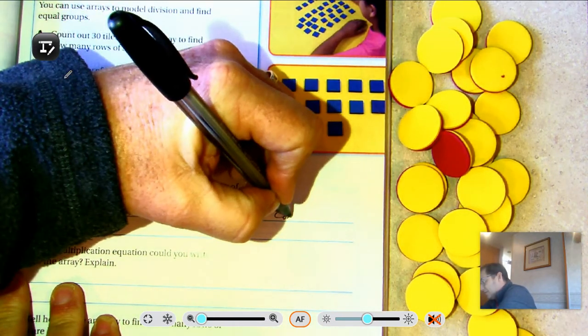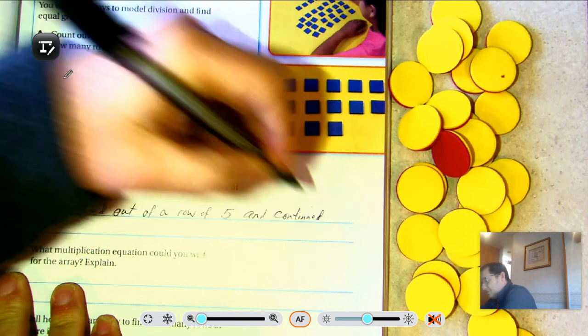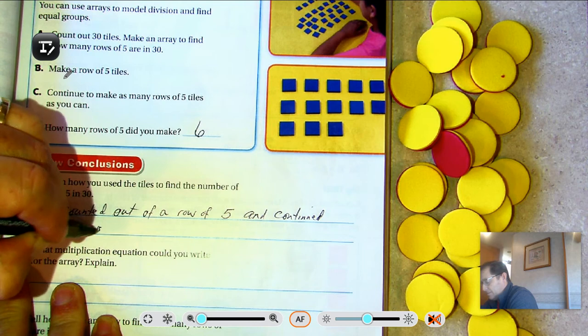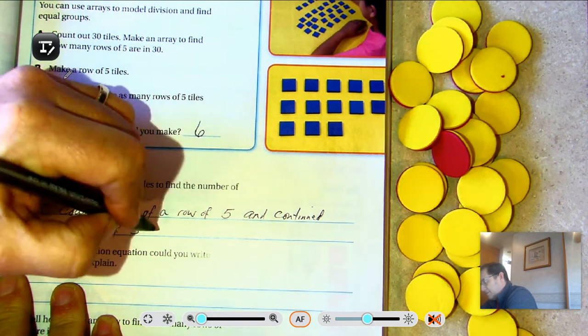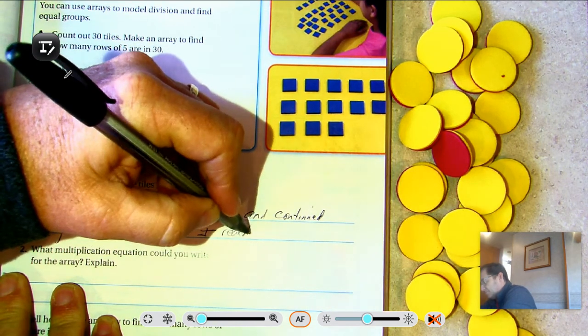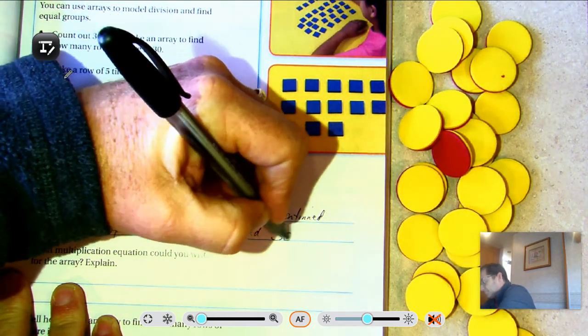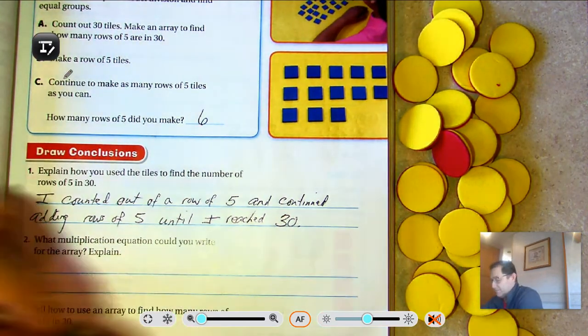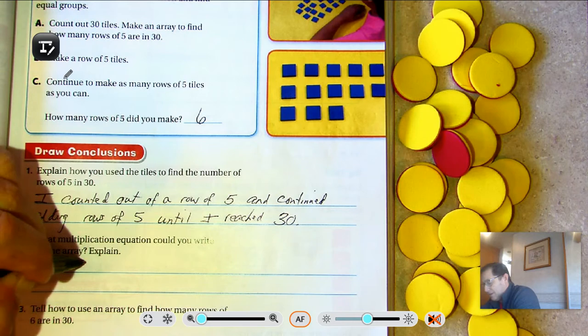And continued adding rows until I reached 30. What multiplication problem could we write for the array? Well, it was 6 rows of 5.